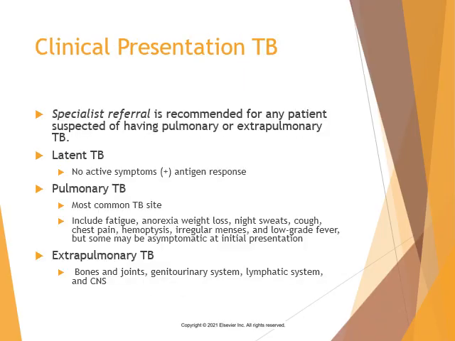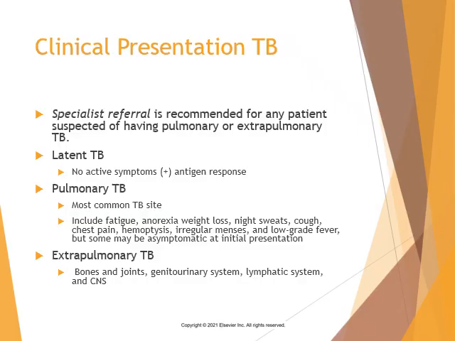So the clinical presentation: anybody you suspect of having TB needs to be referred to pulmonary. With latent TB, there will be no active symptoms. They'll have that positive antigen response. Pulmonary TB is the most common tuberculosis site.